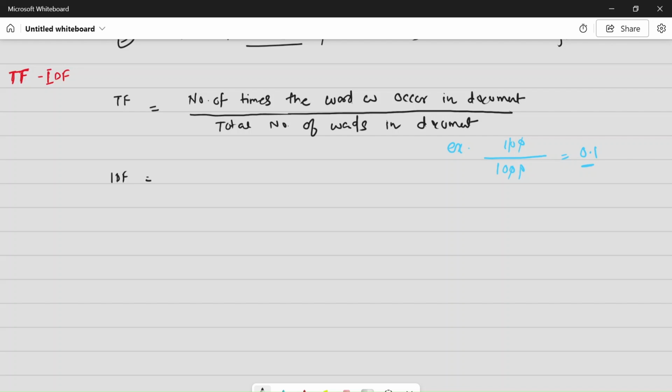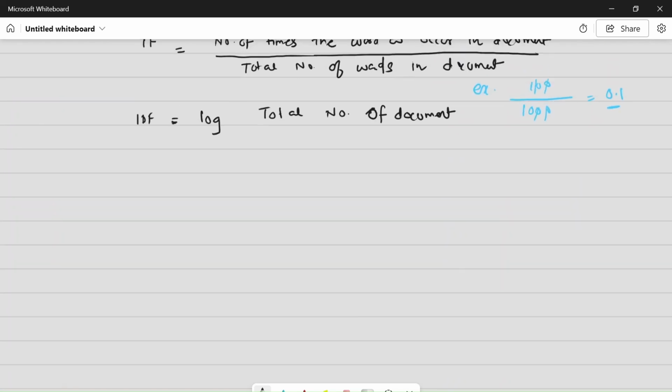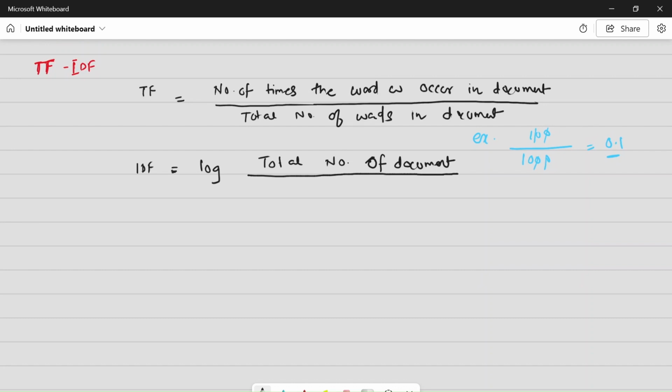IDF is calculated using the formula log of the total number of documents divided by the number of documents containing word W. So how many documents are available, divided by the number of documents containing word W. With this formula you can calculate the IDF.